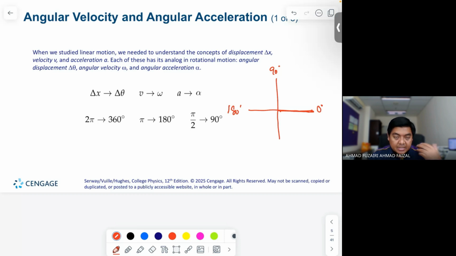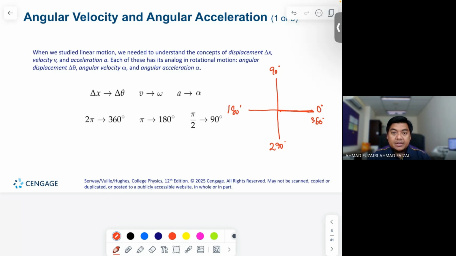Another 90 degrees after 180, we reach 270 degrees, and another 90 degrees after 270, we reach 360 degrees. But right now, we are talking about angle in degrees.